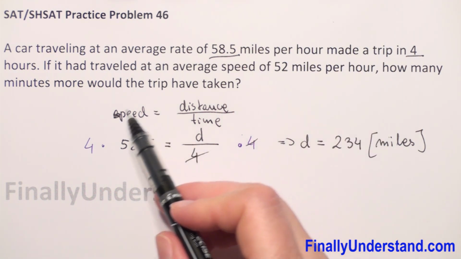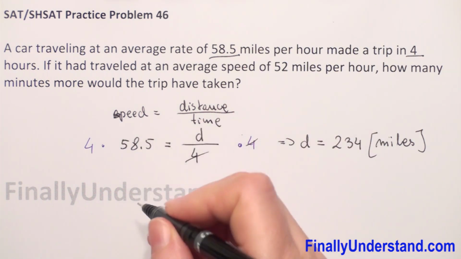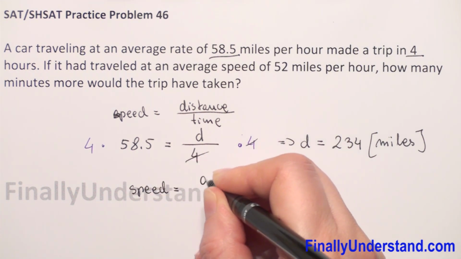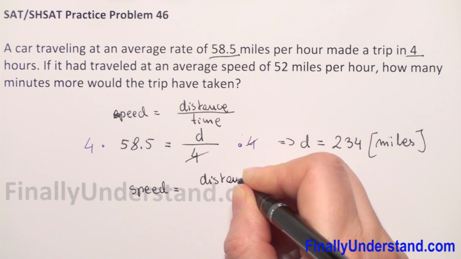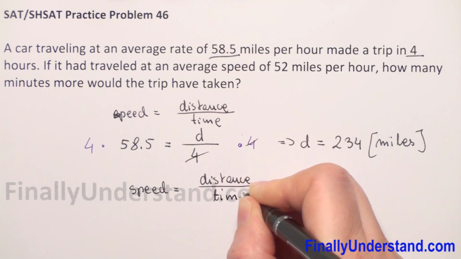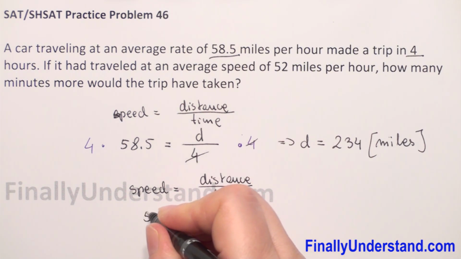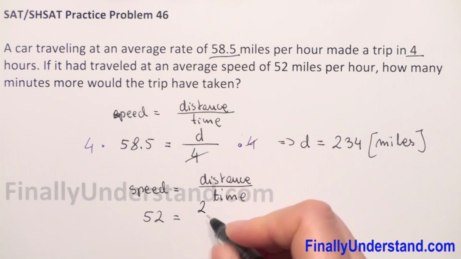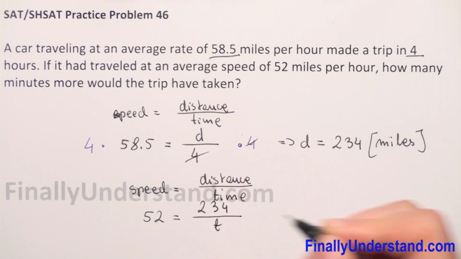So again we will use this formula. Speed is distance over time. Speed now is 52. Distance, we calculated, is 234, and we have to find the time.